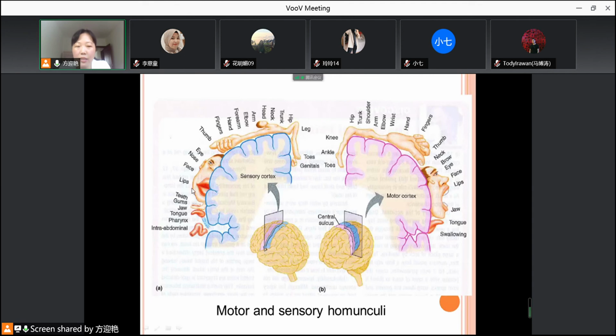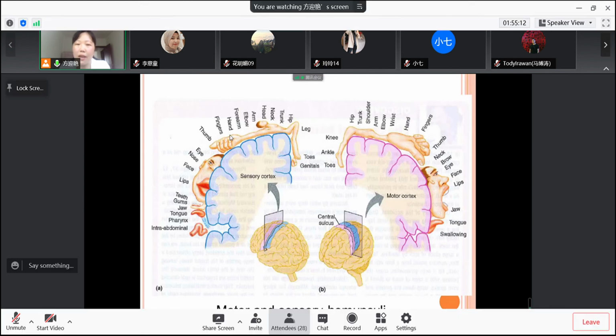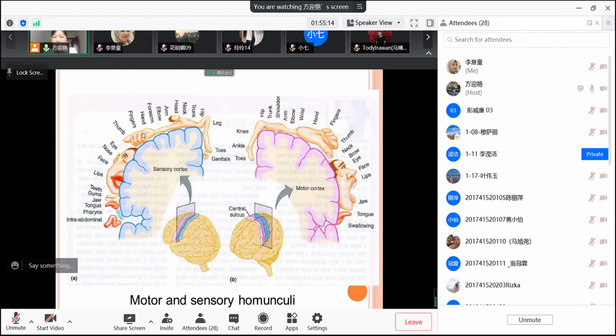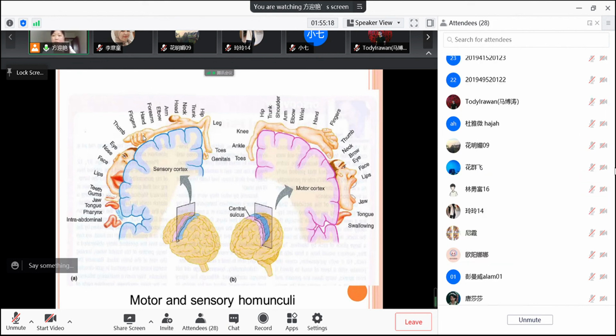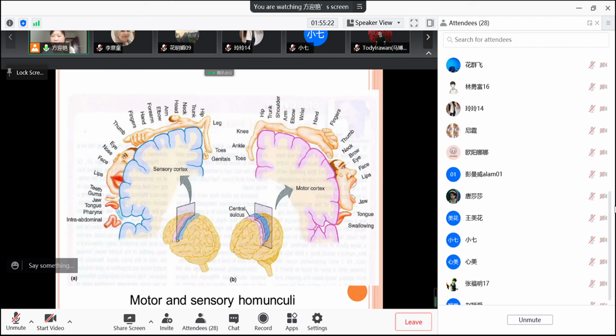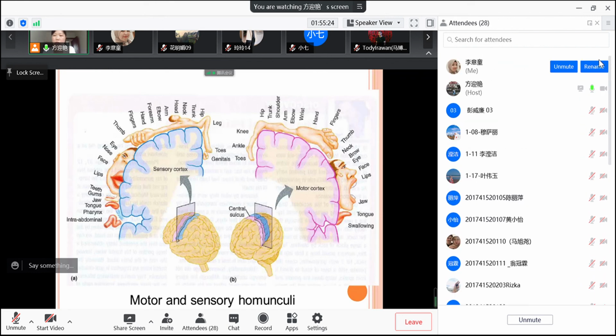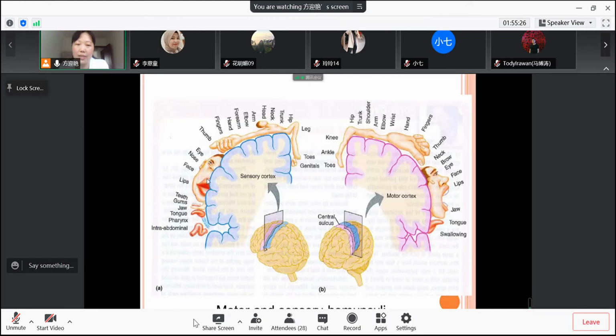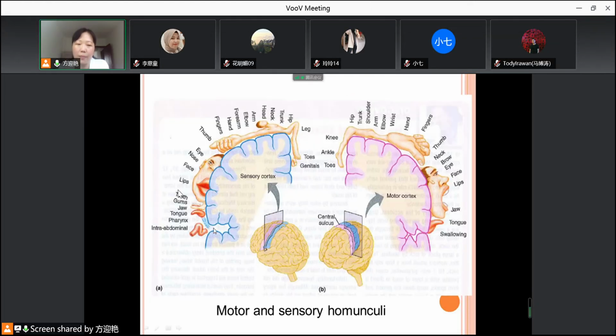Then we can see the target area is also large. Here we can see this movement, and the limbs are large. The motor and sensory factors are the same. It means the hand is large, because our hand can touch and is sensitive to many kinds of materials. And we can also see the mouth.